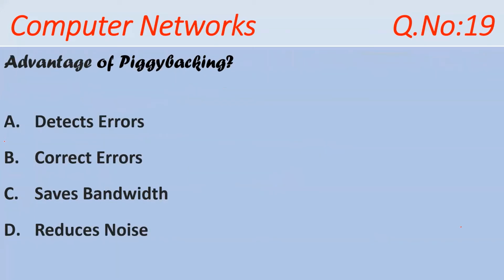So moving on to the next question, advantage of piggybacking. As I already told you, piggybacking is a technique wherein we combine the acknowledgement along with the data packet. So data plus acknowledgement are transmitted rather than sending the acknowledgement and data packet separately.